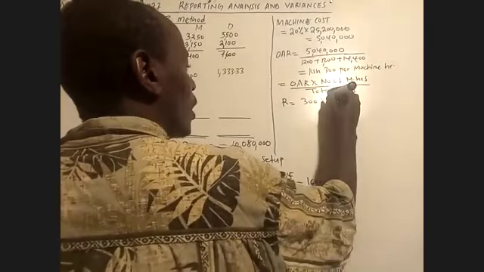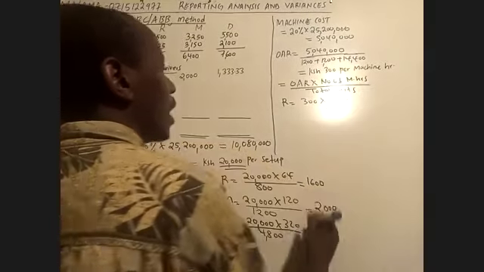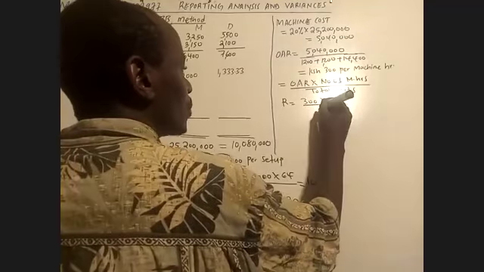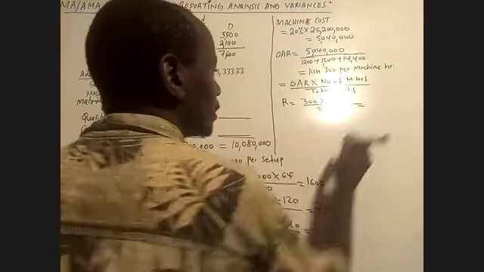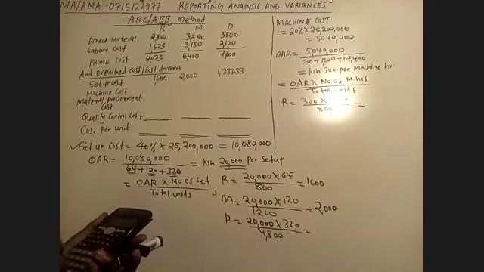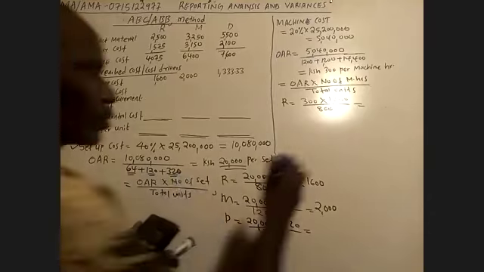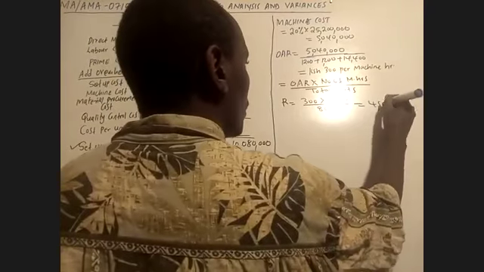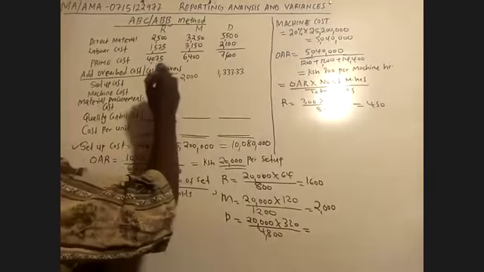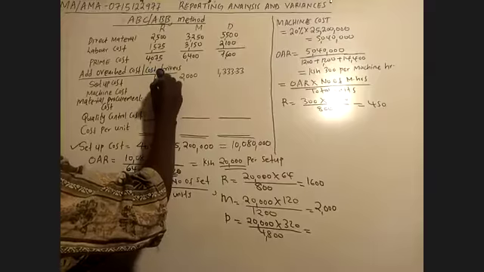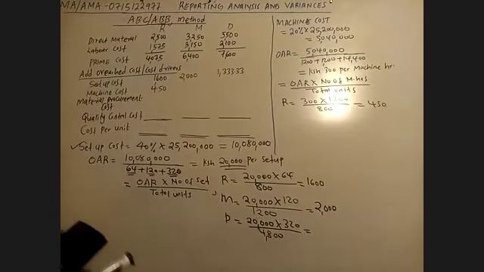Remember the total number of hours, then divide by the units, which is 800. So 300 times 1,200 divided by 800 is equal to 450. So 450 shillings per unit for the first product.